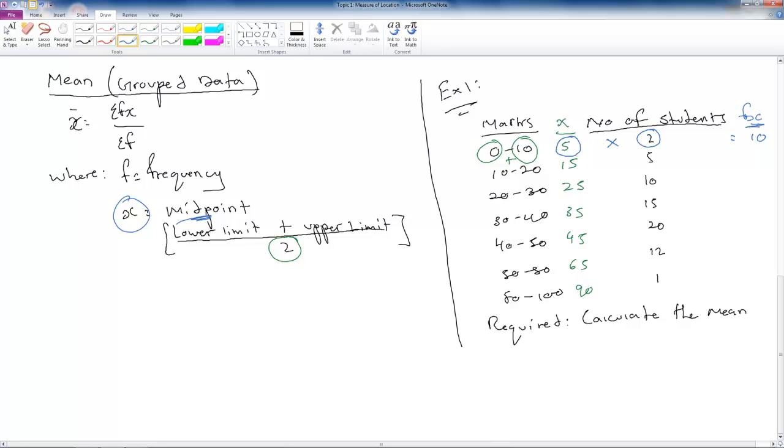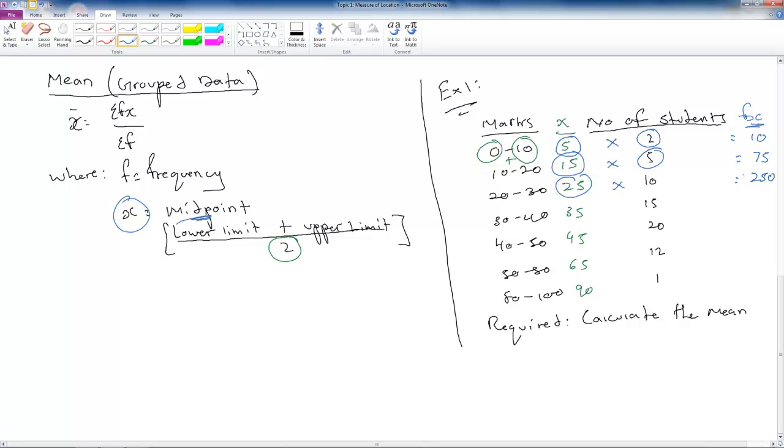Same thing, take your 15 times with 5. You'll get 75 over here. Same thing goes here, 25 times with 10, you'll get 250.